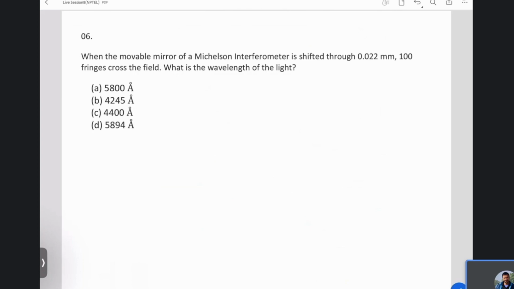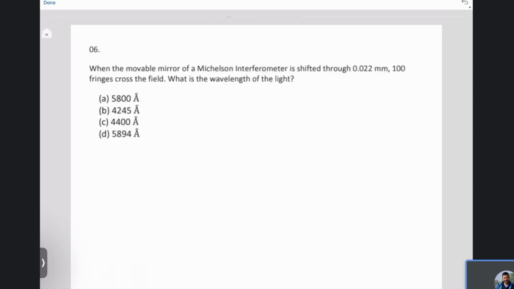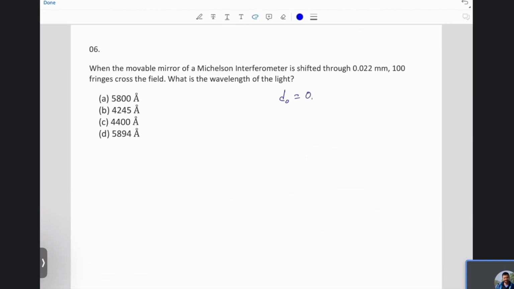Here again, we have a question on Michelson interferometer. The question is, when the movable mirror of a Michelson interferometer is shifted through 0.022 mm, that is D naught is given, and 100 fringes cross the field.